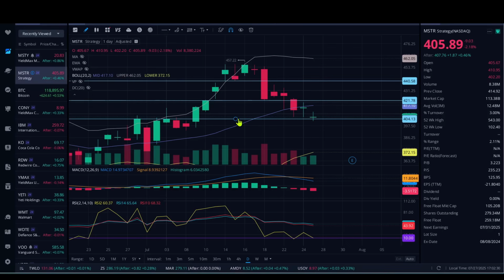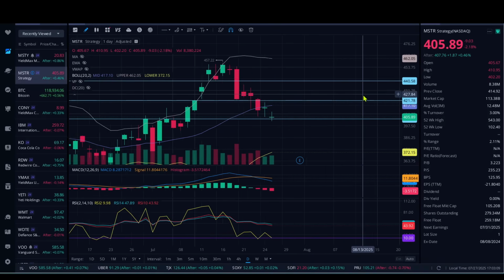Then it becomes a support line, and we are indeed testing that support line currently. On Friday, it did test that support line. And that support line that I've got is at 404.13. Now I've got a resistance line right here of about 440.58. And this is basically that channel that I am seeing that it is within.